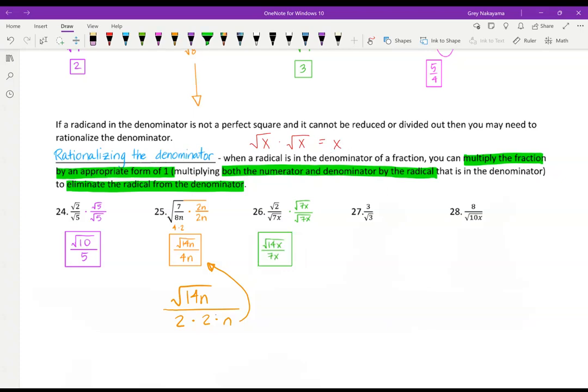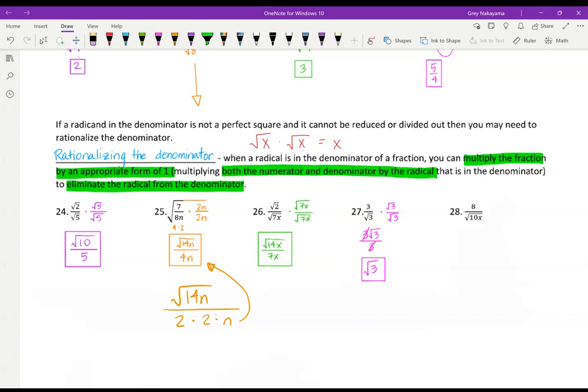So it's easy: multiply out the top and know that the bottom is what you just multiplied together. All right, 27, 3 over the square root of 3. I'm multiplying by the square root of 3 over the square root of 3, and that becomes 3 square roots of 3 over 3. But y'all, you have to remember to simplify, so that leaves us with just the square root of 3.